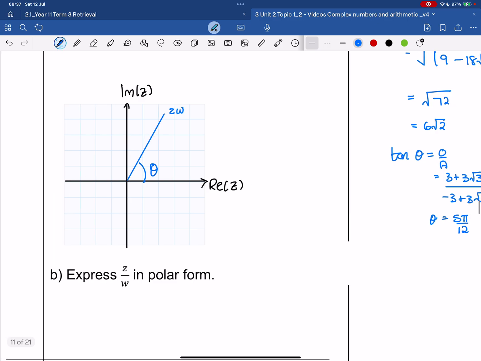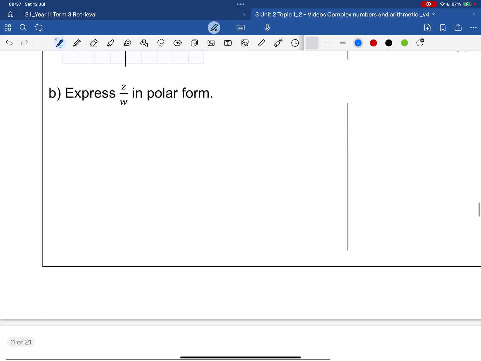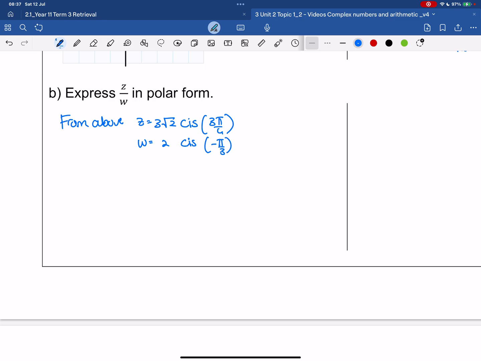All right, expressing Z divided by W in polar form. Well, I would use just polar form. So from above, we've worked out that Z is 3 root 2 cis of 3 pi on 4, and W was 2 cis of negative pi on 3.